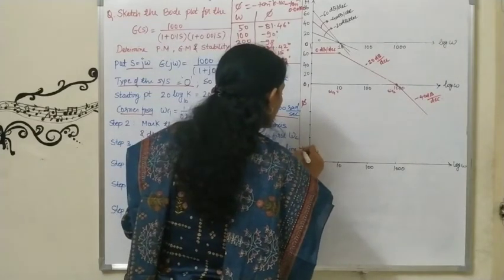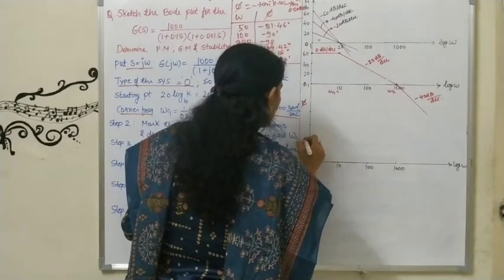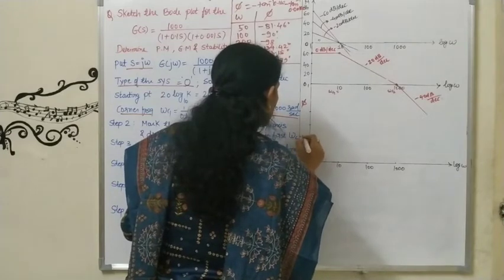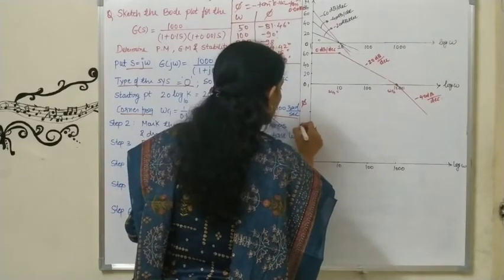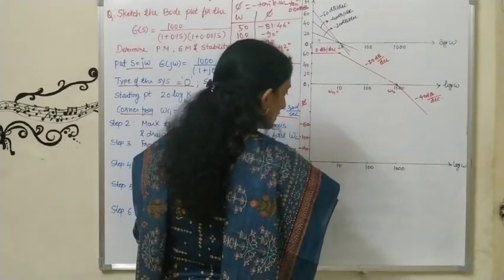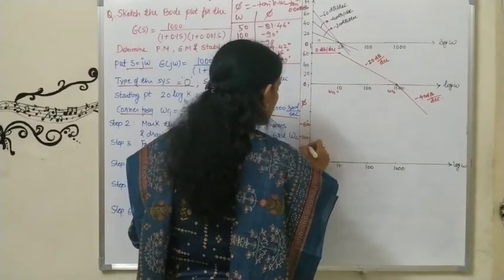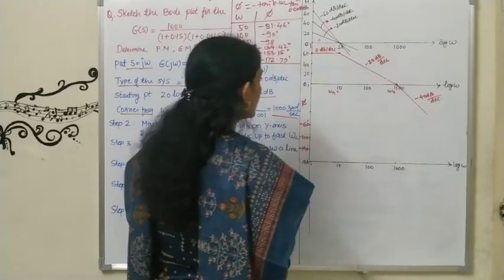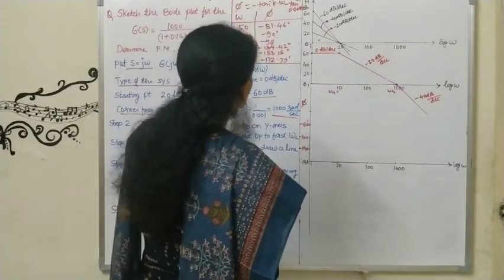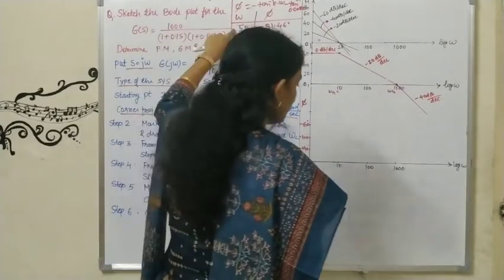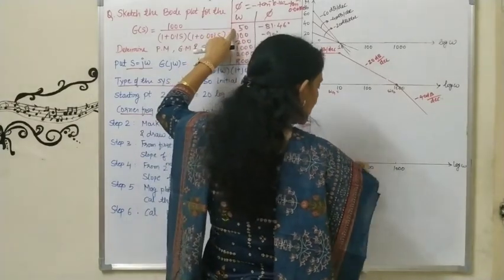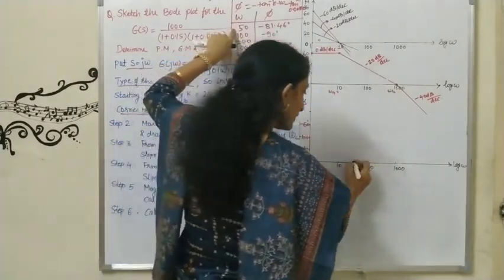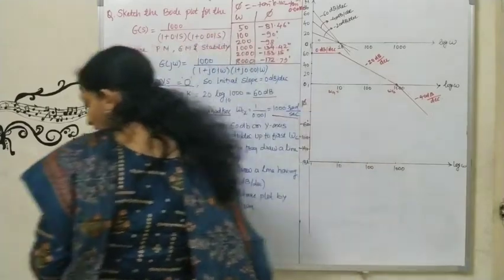Suppose this is minus 180, then this is minus 140, then minus 100, then minus 60. So I have selected the scale like this. Now I will start drawing. For omega equal to 50, where will my 50 be? In between 10 and 100 I may get 50, so I need a scale here.